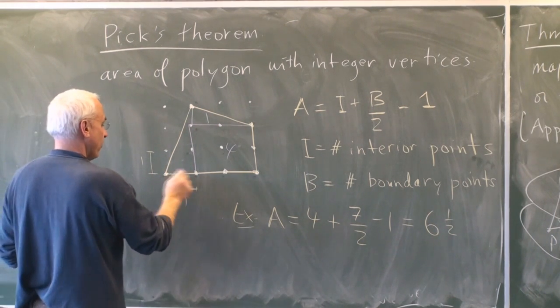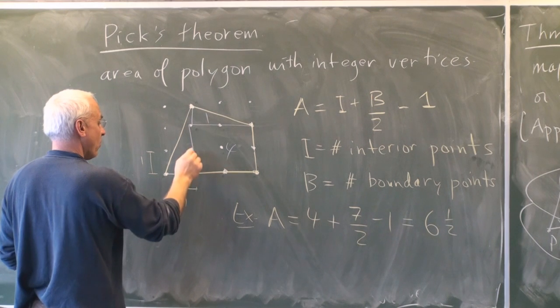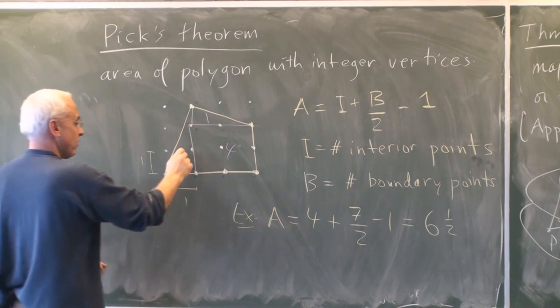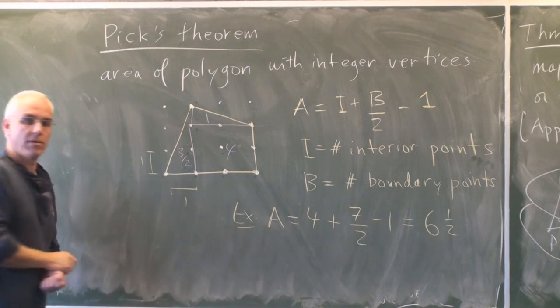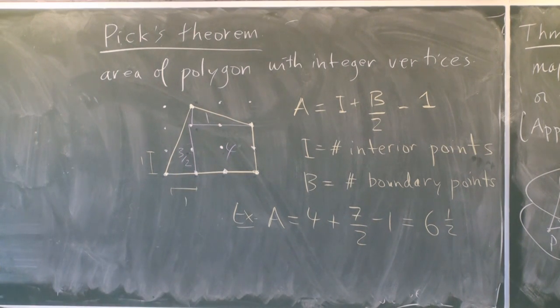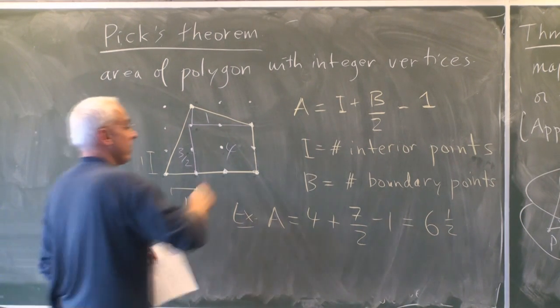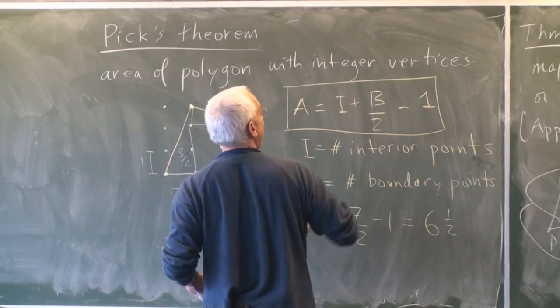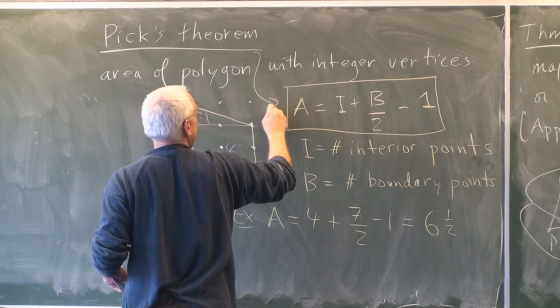And here the area is 1 times 3 over 2, so 3 over 2. 4 plus 1 plus 1.5. It's also 6.5. And this is called Pick's Theorem. There it is right there.